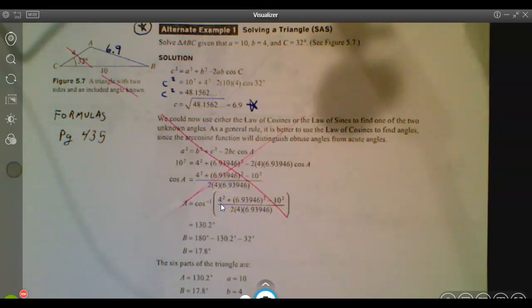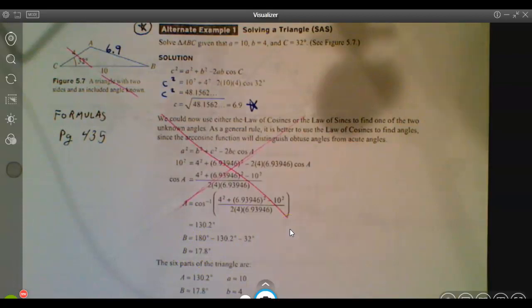We're going to take the inverse cosine of all that in order to get angle A, which is 130.2 degrees. So now we know angle A and angle C, and we can subtract those from 180 in order to get angle B. And that's what they did in their final step.